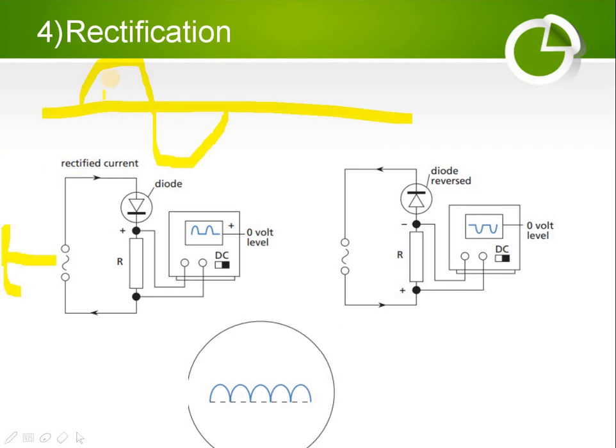Let's say for the first peak, this is positive and this is negative. This positive, when it reaches here, is connected with the anode. This triangle side is basically the anode, and the side with the straight line is the cathode. So this negative reaches from this side towards the cathode, and this positive reaches toward the anode.